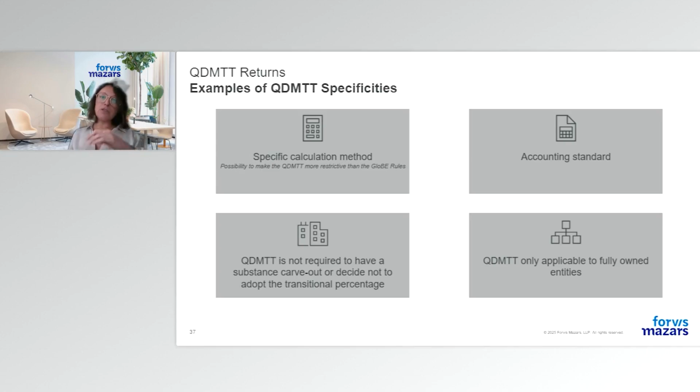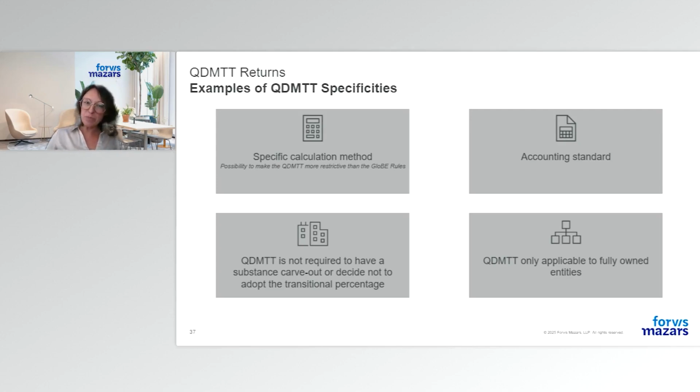But if the QDMTT is safe harbored, the jurisdiction will evaluate themselves if their QDMTT is safe harbored, and if they say yes, you don't have to compute under the IIR, and you check the box in the GloBE information return that you are QDMTT safe harbor in this jurisdiction.